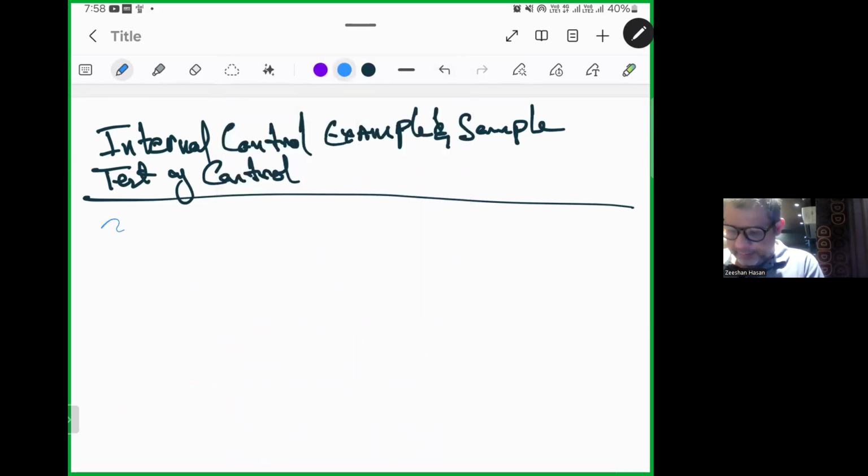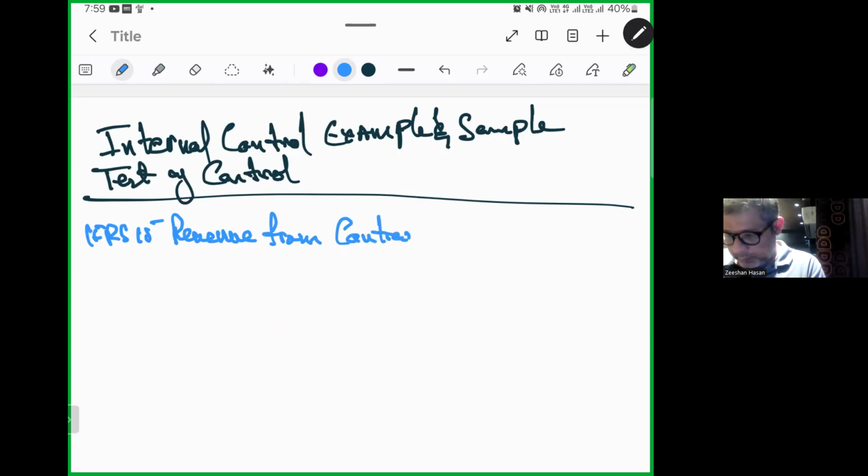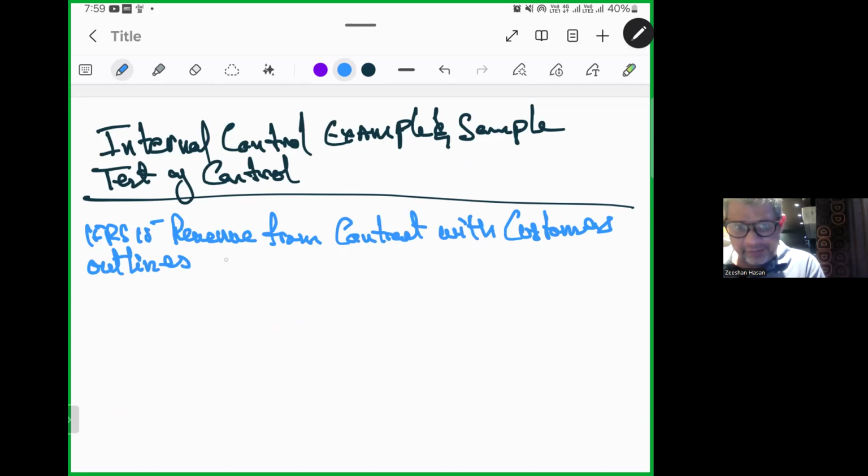Well, IFRS 15, revenue from contracts with customers, outlines five steps in revenue recognition.